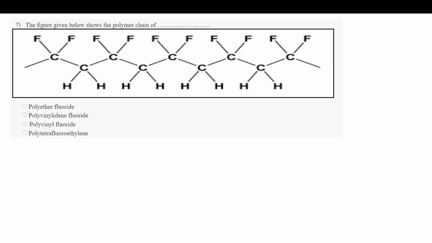Okay, you need to remember it is polyvinylidene chloride. It has a vinyl monomer which is saturated with fluorine, and which is polymerized, so it is nothing but polyvinylidene chloride.